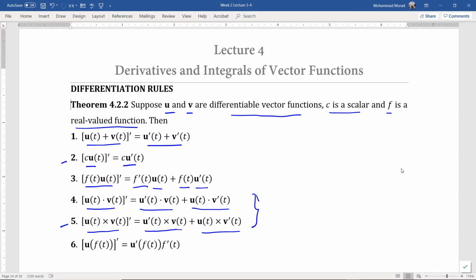Here we can commute these two terms, but we cannot commute the appearance of the vectors in each term. For example, we cannot write v of t cross u prime in the first term.